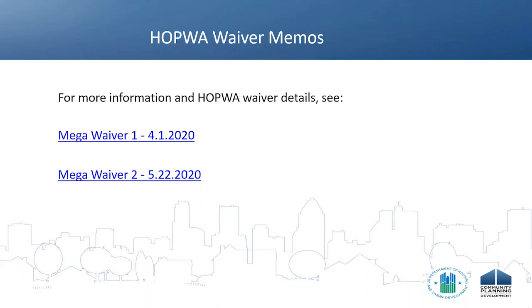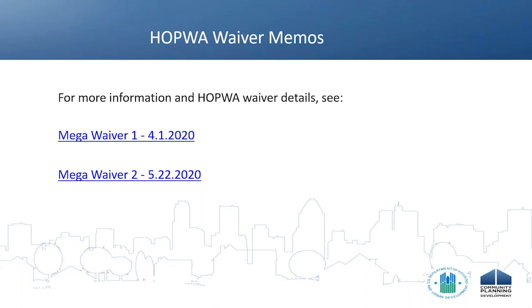And for the timing, so there were 2 different waivers that we put out. The first one was specifically for inspections for tenant-based rental assistance, and the second one expanded it, and that's for all housing assisted under HOPWA that requires inspections.